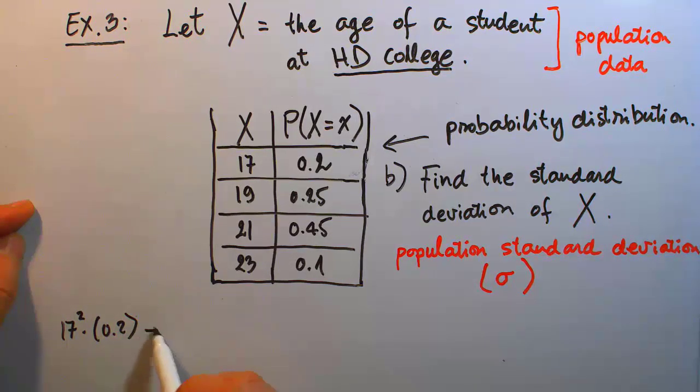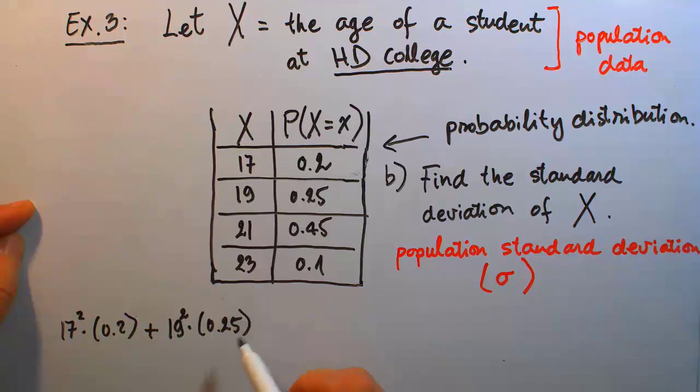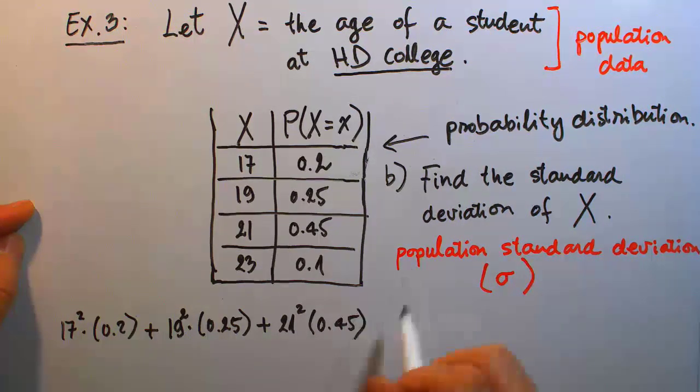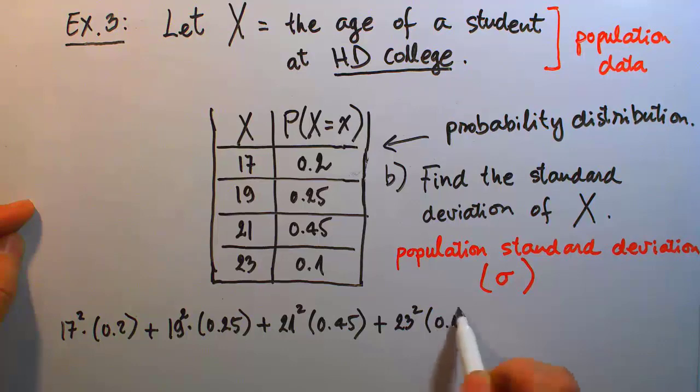That's the first step. Then we add the next pairwise product, 19 squared times 0.25. The next one, 21 squared times 0.45. The last one in our sum is 23 squared times 0.1.